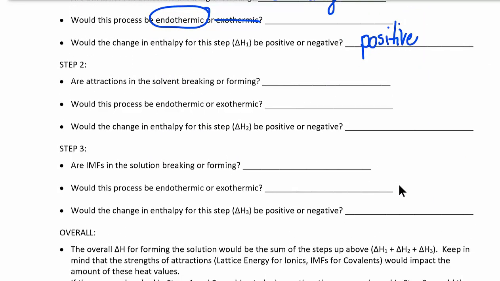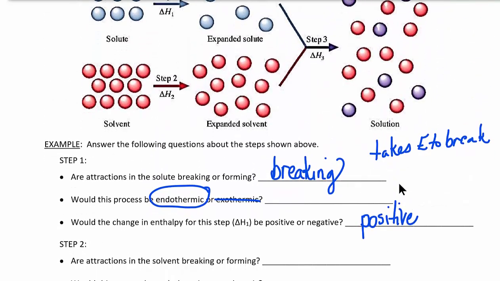So now let's look at step 2. Again, we're going to answer the same questions, only now we're going to talk about the solvent. For delta H sub 2, or step 2, we have to expand the solvent, so we need to break these IMFs to go from close together to further apart. So you are breaking attractions.